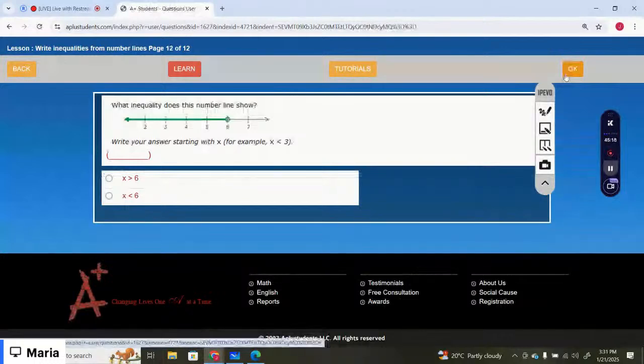What inequality does the number line show, which is the correct option? X is less than 6.